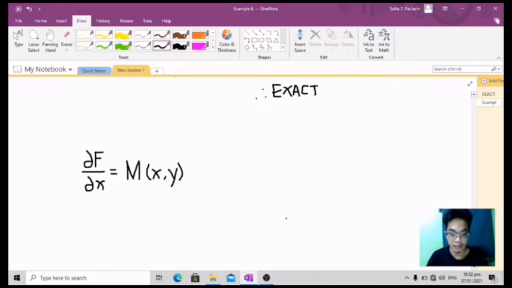After we test the exactness of this differential equation, we can now proceed to this formula. The partial derivative of f with respect to x is equal to the function M of x and y.